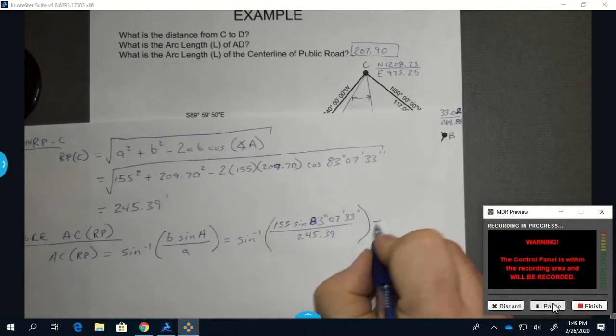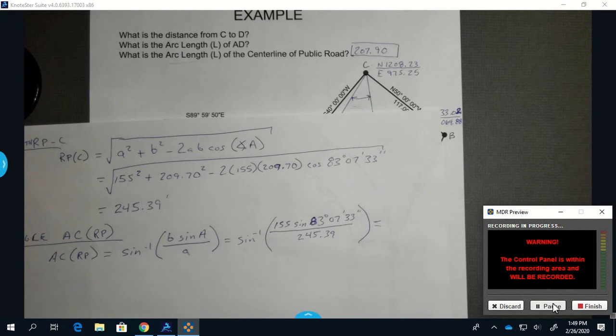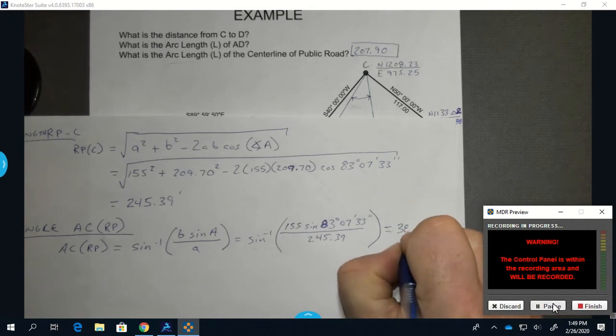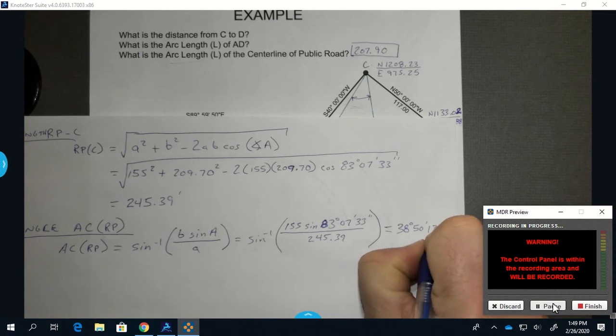Let's figure that out. This is going to come out in radians. We want to turn it to degrees, minutes, and seconds, because it's an angle. So I come up with 38 degrees, 50 minutes, 13 seconds.